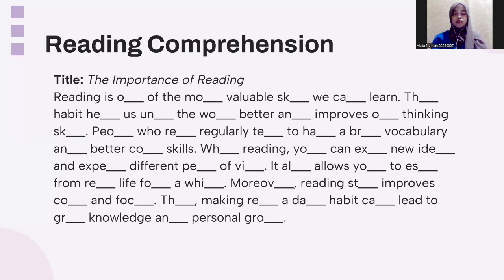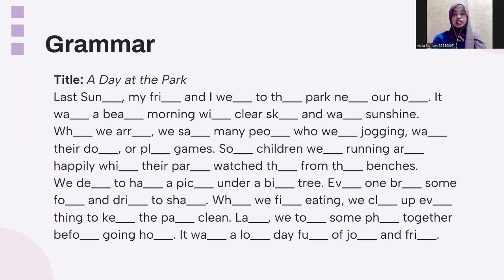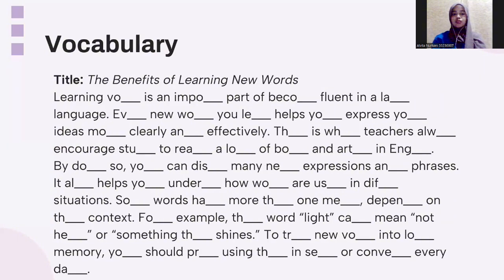I put 3 passages in the C-test design. The first one is reading comprehension with the title The Importance of Reading, and then the second one is for grammar with the title A Day at the Park, and then vocabulary with the title The Benefits of Learning New Words.